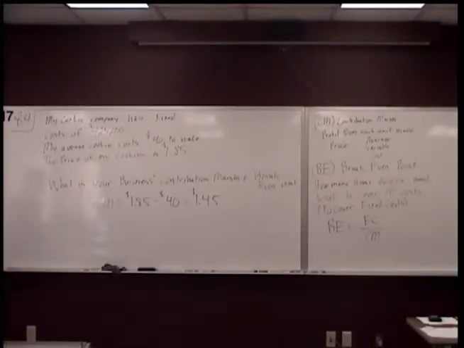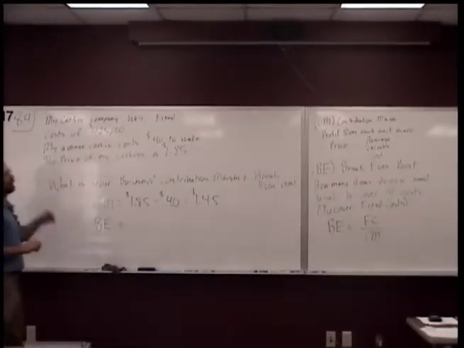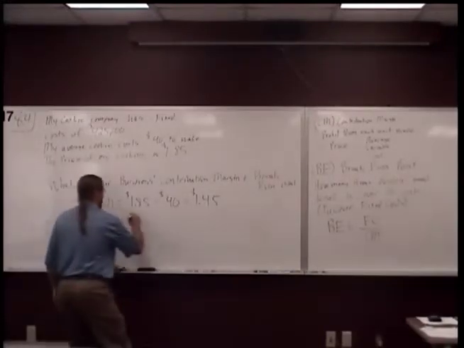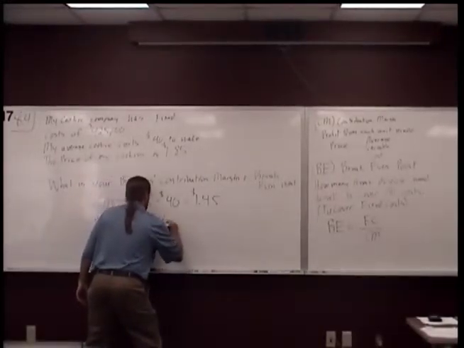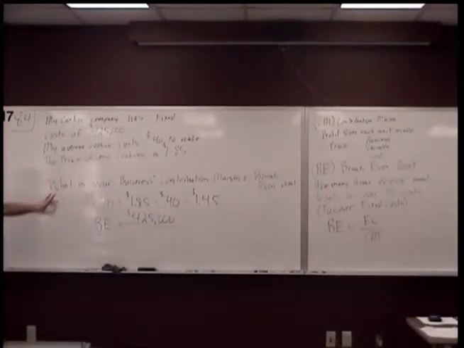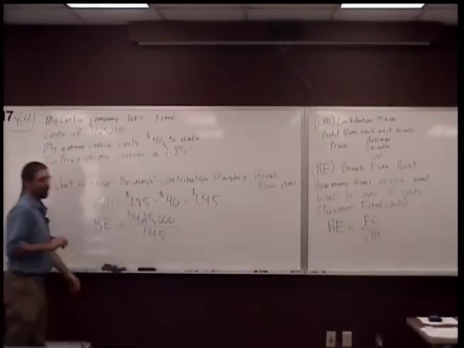All right? So then the break-even point: take your fixed cost, your $425,000 you need to earn to cover your fixed costs, and divide by the $1.45 that you make per cookie.